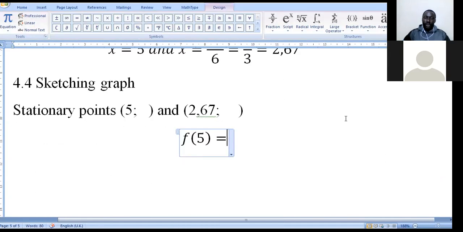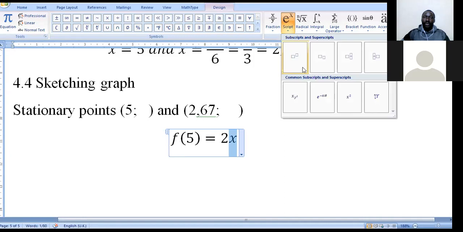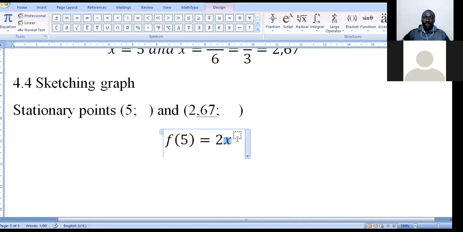And we see this is 2x cubed. Okay. Then after 2x cubed, what do we have?